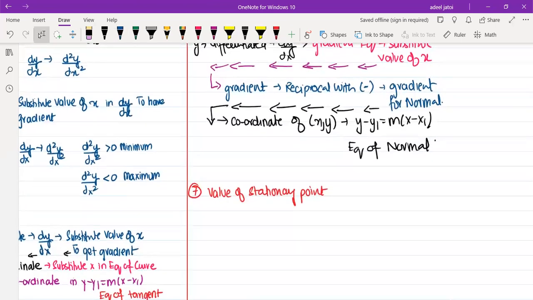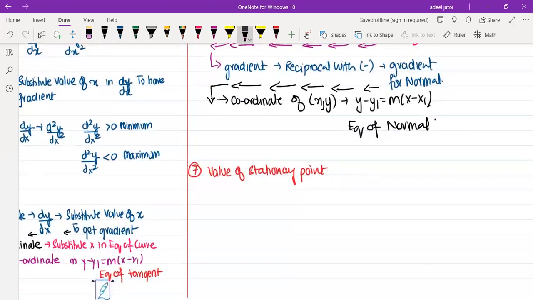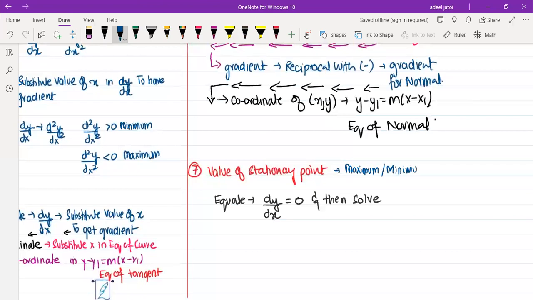To find the value of the stationary point, you will always have to equate dy upon dx equal to 0 and then solve to have the value of the stationary point, which means the maximum or minimum point.